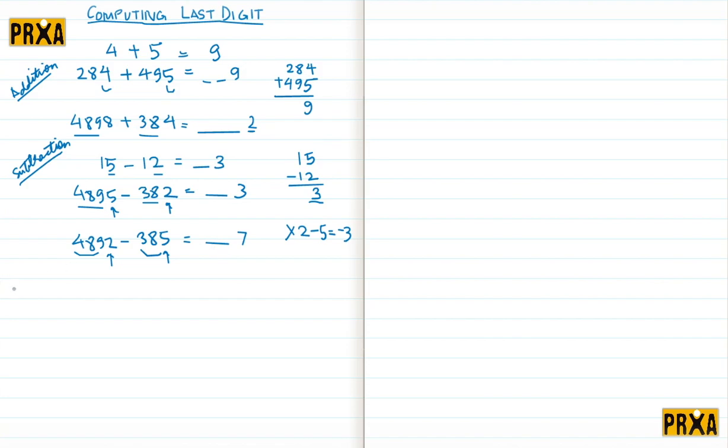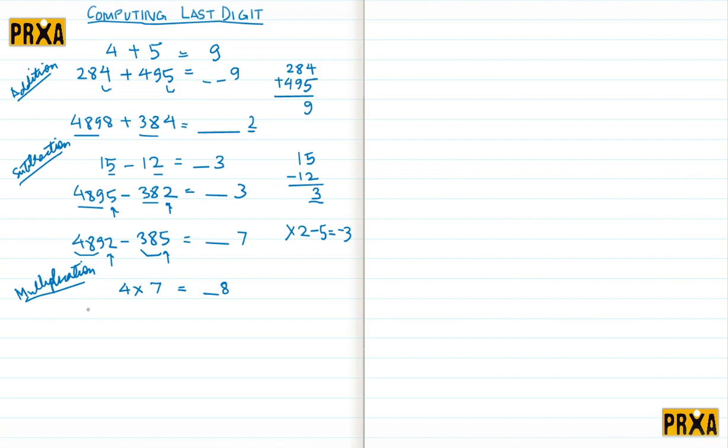Now let's move on to multiplication. In the case of a simple 4 times 7, it is 28, so my last digit is 8. That's not a problem.